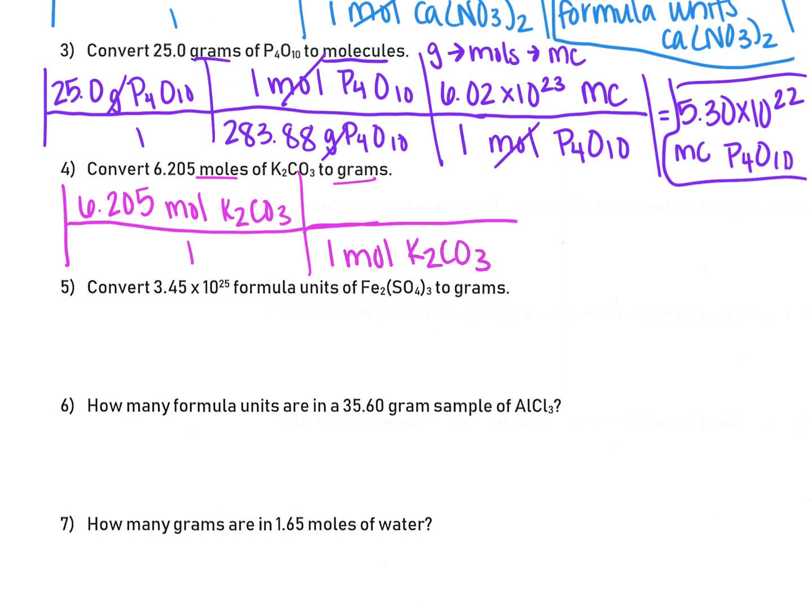And then that means what has to go in the top box? Grams, which is your molar mass. What's the molar mass of K2CO3? 138.21. Perfect. 138.21 grams. Okay, so what do you get for your final answer? Good. 857.6. And it's grams K2CO3.